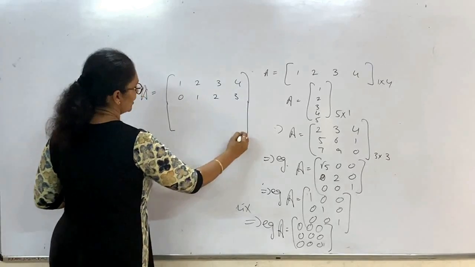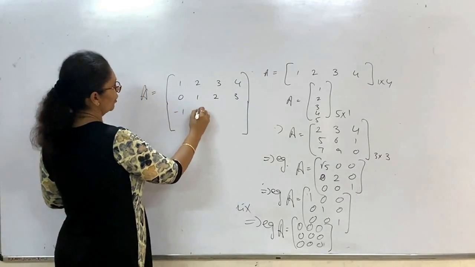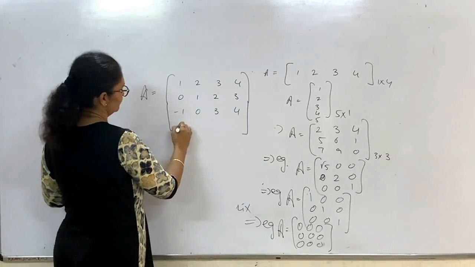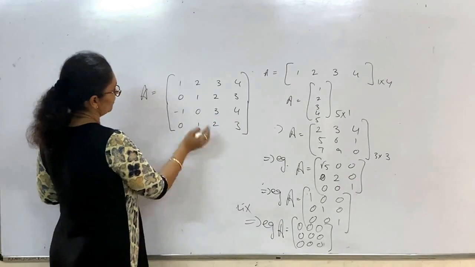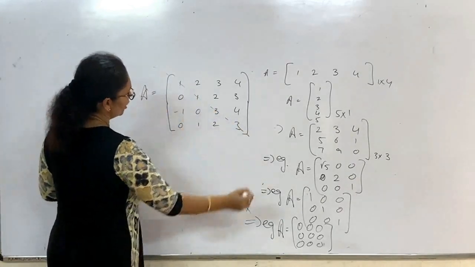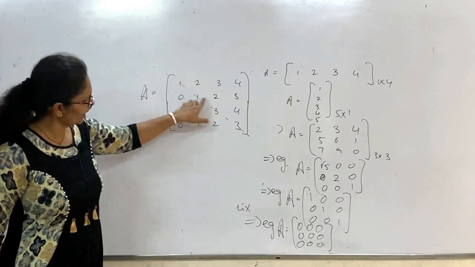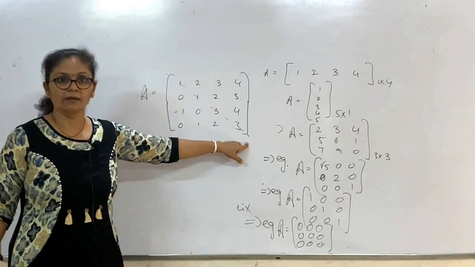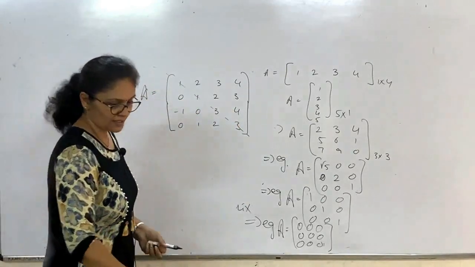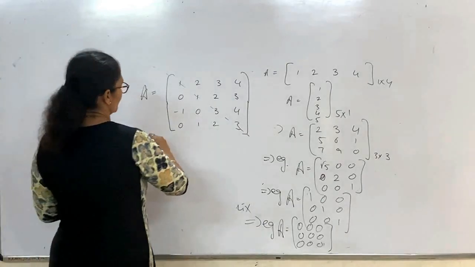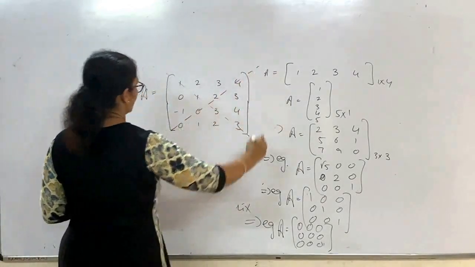What is the meaning of a square matrix? The number of rows and columns is the same. See, this way, the number of rows and columns is the same, so easily you can draw the principal diagonal, and similarly you can mention the secondary diagonal.